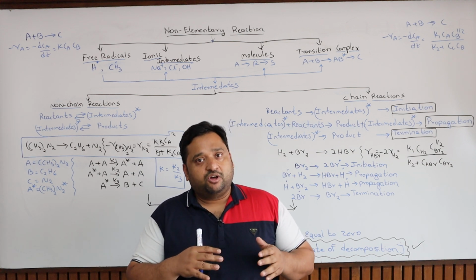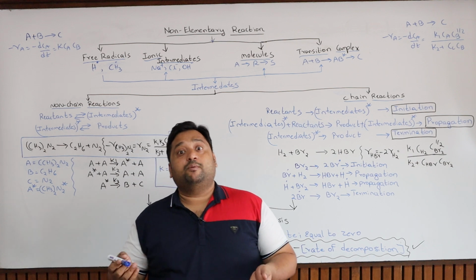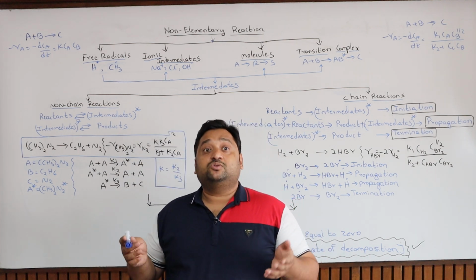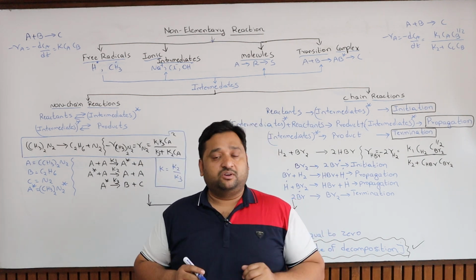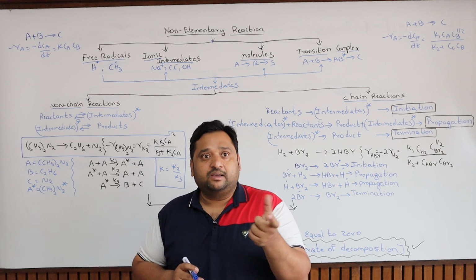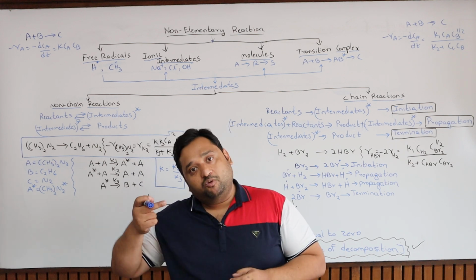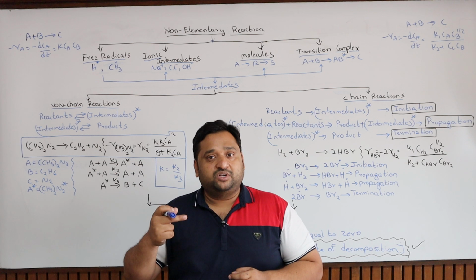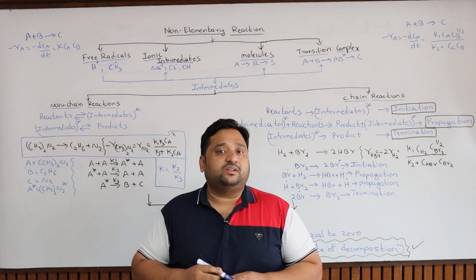In today's lecture you are going to get to know about the pseudo steady state hypothesis. Normally this is the hypothesis we apply to get the rate expression in the case of non-elementary reactions.